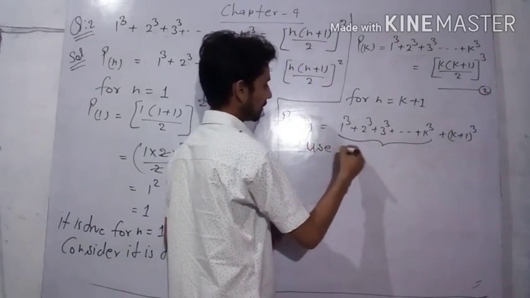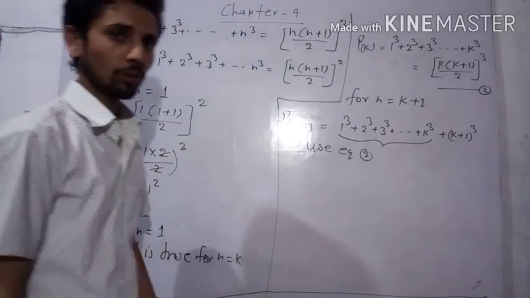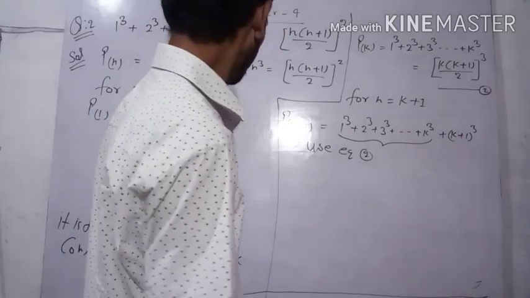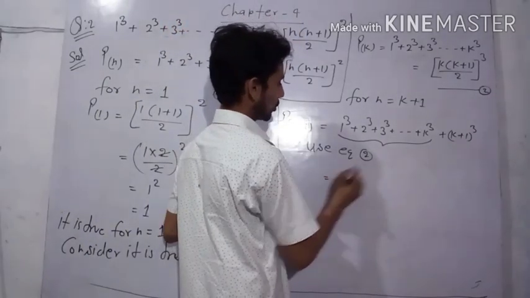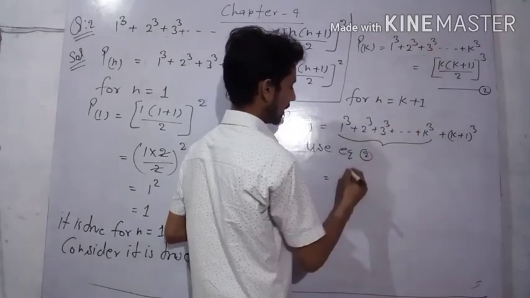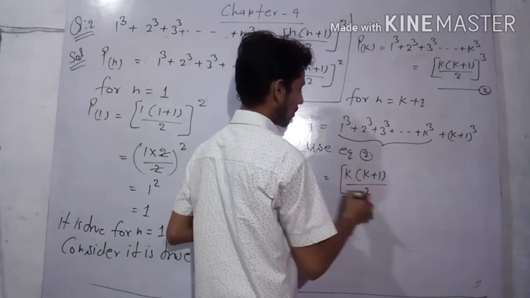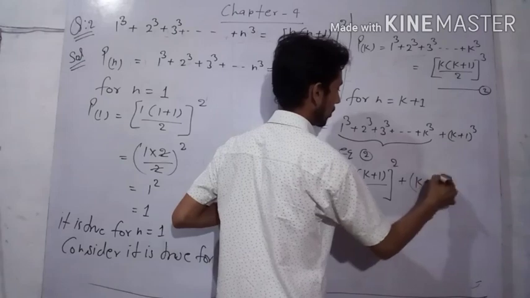Use equation 2. So the value of this is k into k plus 1 upon 2 whole square plus k plus 1 whole cube.